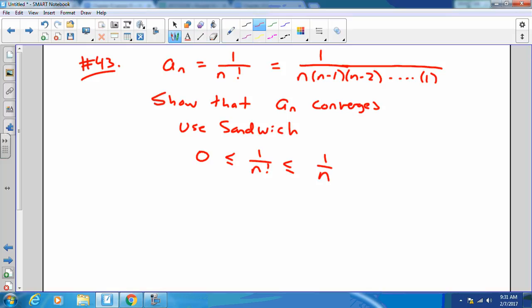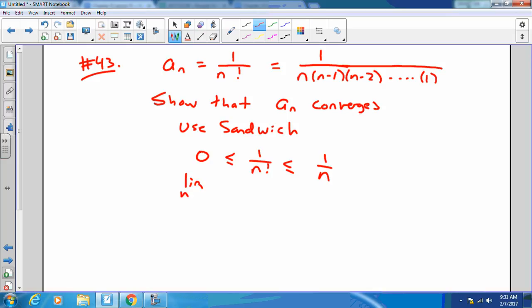I like that. 1 over n is definitely always greater than or equal to 1 over n factorial. Equal when n is 1. Greater when n is larger. And actually also equal when n is 2. Greater when n is larger than that. And it also goes to 0.